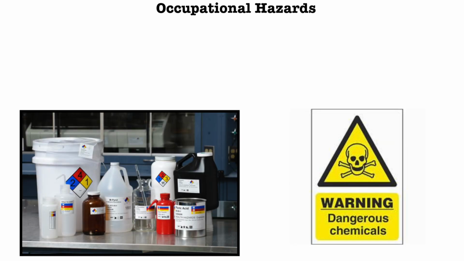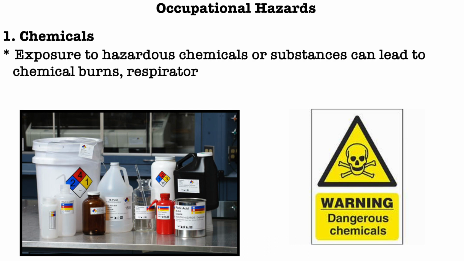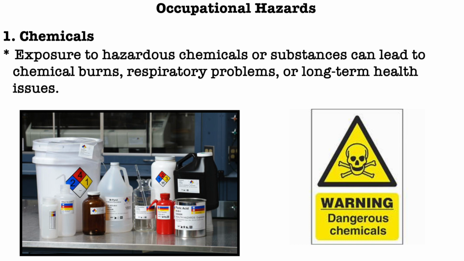Third one is occupational hazards. Here we can see some common occupational hazards that employees may encounter in various workplaces. Some examples of these hazards include, first, chemical hazards. Exposure to hazardous chemicals or substances can lead to chemical burns, respiratory problems, or long-term health issues.